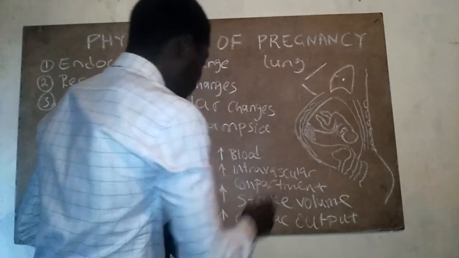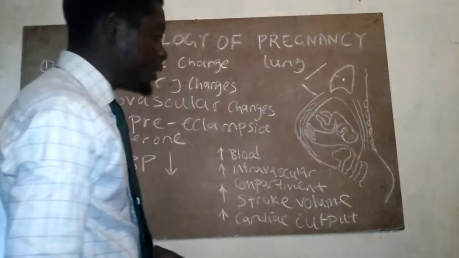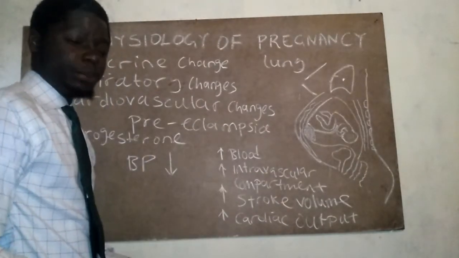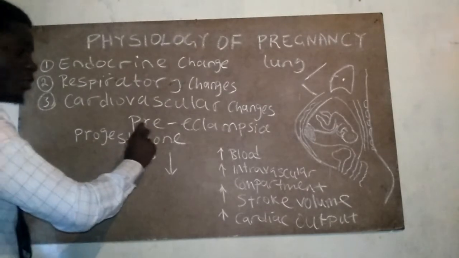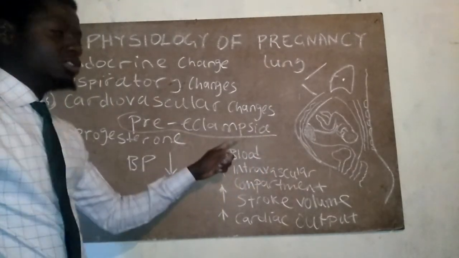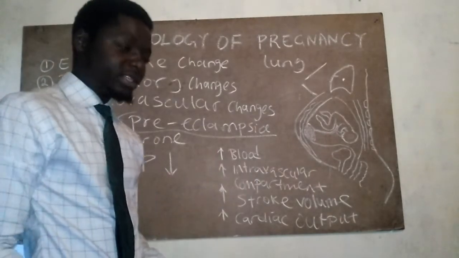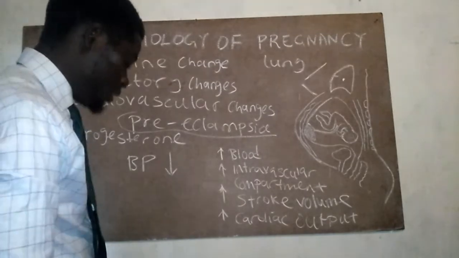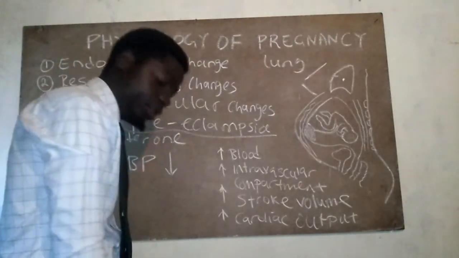So the blood pressure is going to reduce, and when the blood pressure increases in maternal pregnancy, that simply means we're going to come about to this kind of condition, preeclampsia, one of the most important conditions to consider in pregnancy, raised blood pressure in pregnancy.